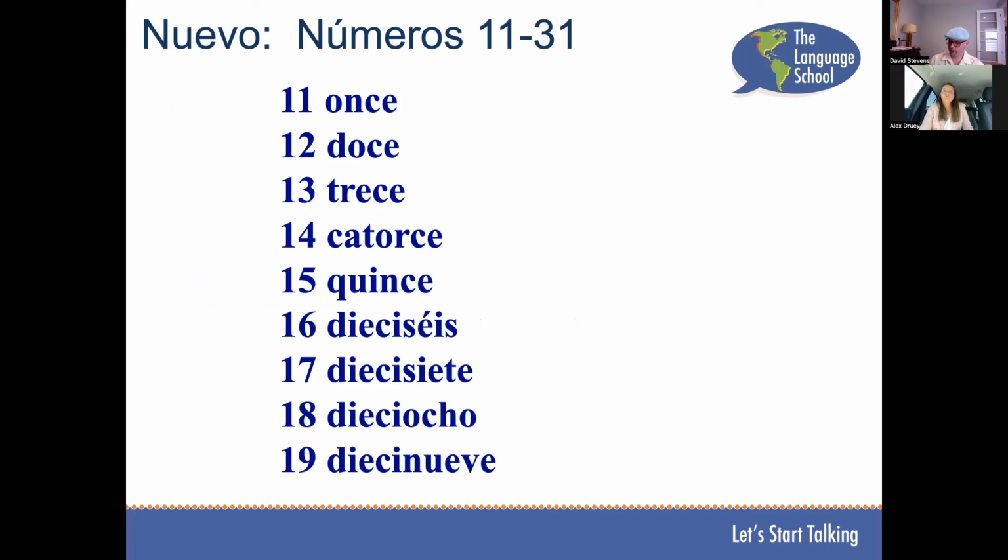Ahora, let's go with our larger numbers, up to 31.